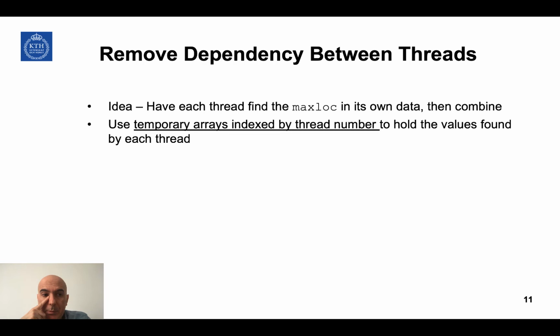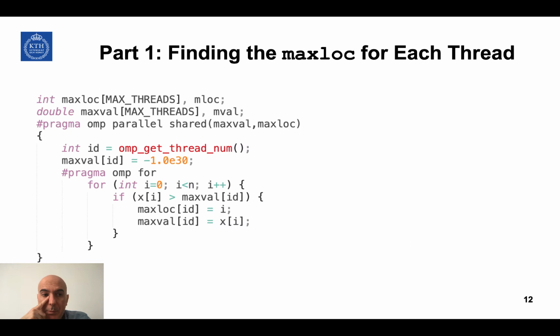The major idea for improving performance is to remove dependency between the threads, the dependency on MaxLoc and MaxVal, right? As I told you, the idea is having each thread find the MaxLoc in its own data, and then later combine them. To do that, we can use temporary arrays indexed by the thread number, so we can have a MaxLoc and MaxVal for each thread, holding all the values found by each thread.